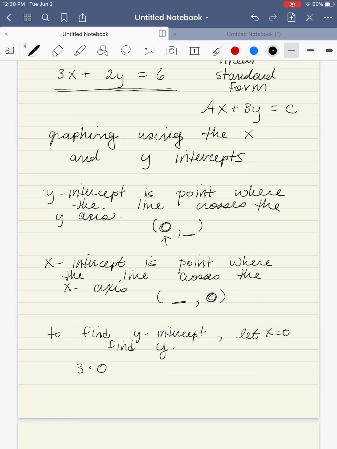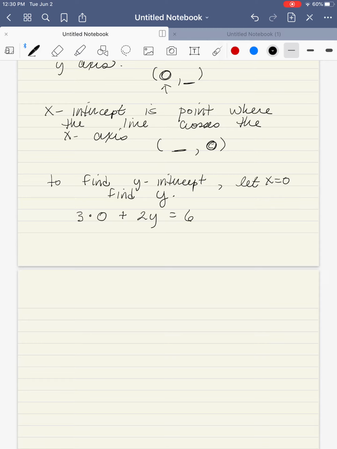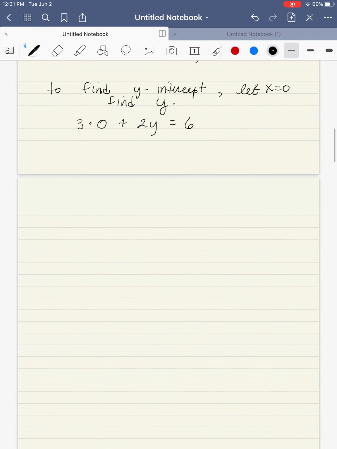You go ahead and do that. Go ahead and literally substitute 0 in for x and then solve for y. And then write your answer as an ordered pair. Parenthesis, number, comma, number, parenthesis. You go ahead and pause the video and do that work.